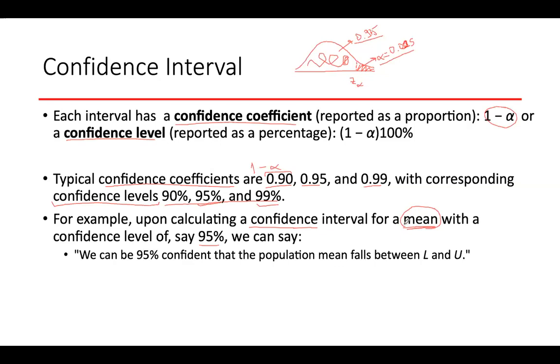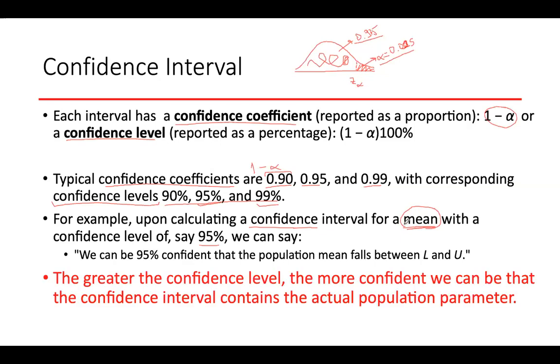Okay? So right now, we will be talking about this interval. Using this interval, we will say I am 95% or 90% or 99% confident that the population mean falls between these two values. Okay, so that's why we will be talking about confidence interval.